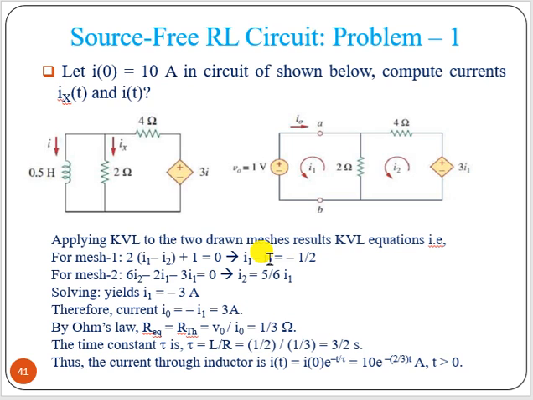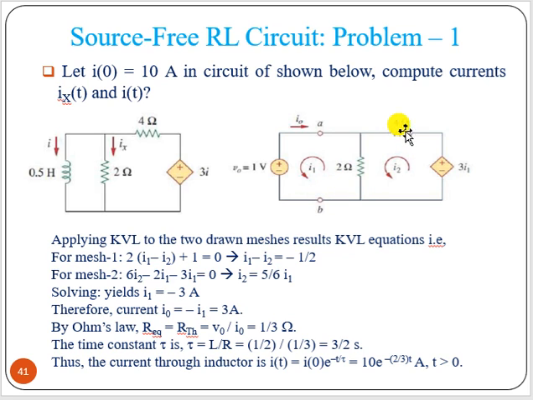So we got the I1 minus I2 value, and for mesh 2 we have minus 3I1 minus 2(I2 minus I1) and minus 4I2.